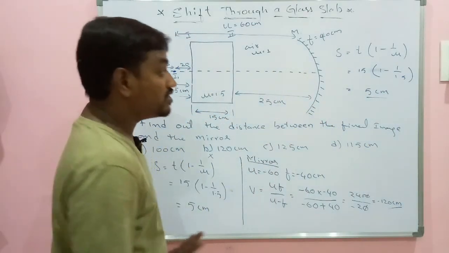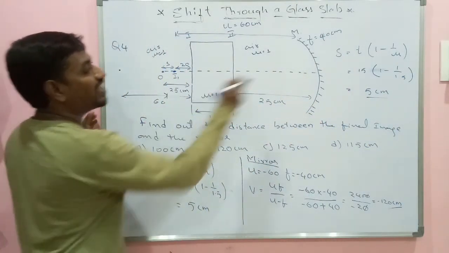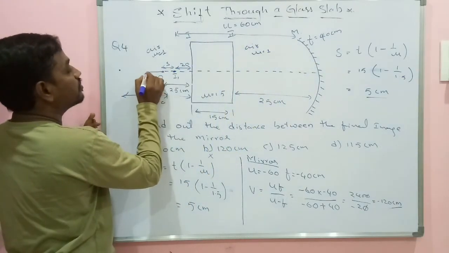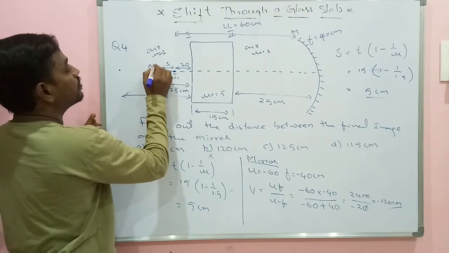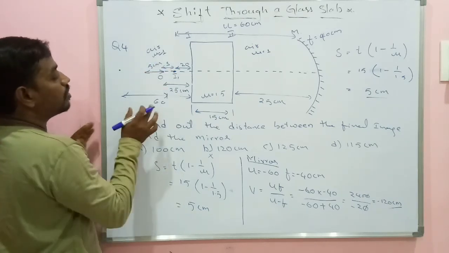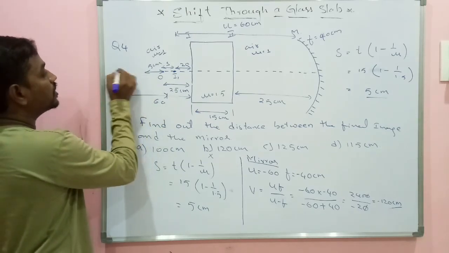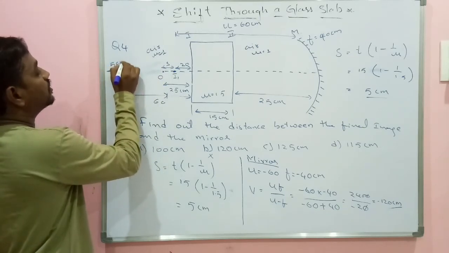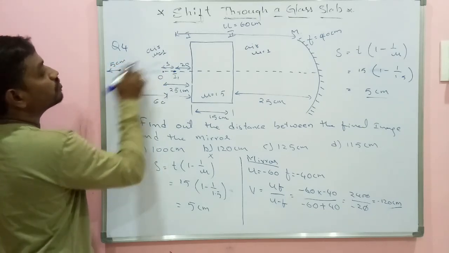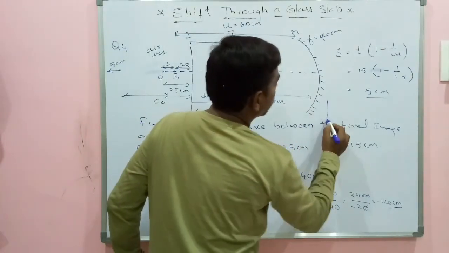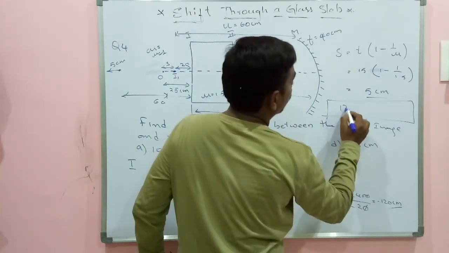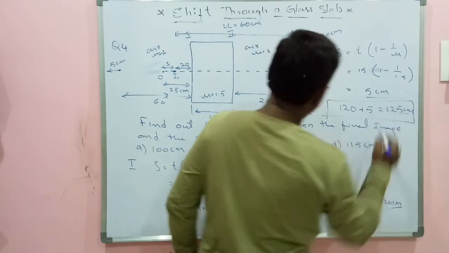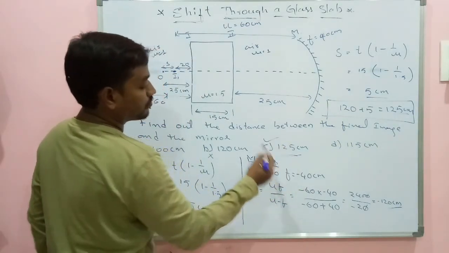Positive means not this side, because the ray is reflected, it is coming along this direction. For this direction positive means it will be around this part. So this is a 5 centimeters value. So extra 5 centimeters it has moved from this point. So 120 plus 5. The final position is 120 plus 5, that is 125 centimeters. So option C. Thank you.